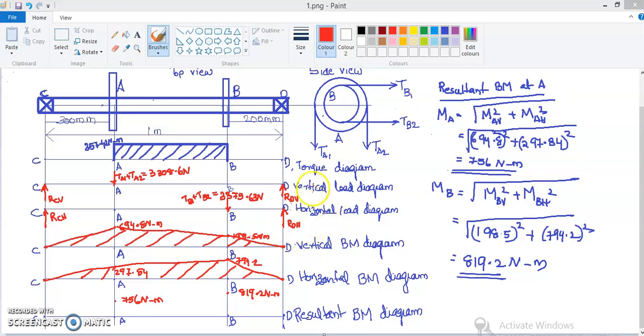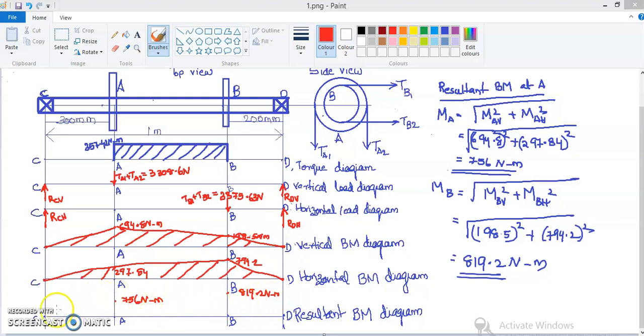Okay, welcome back and we'll continue this. So we have found out this value, that is the resultant bending moment. We are getting at this point A as 756 Newton meter, and at the point B as 819.2 Newton meter.